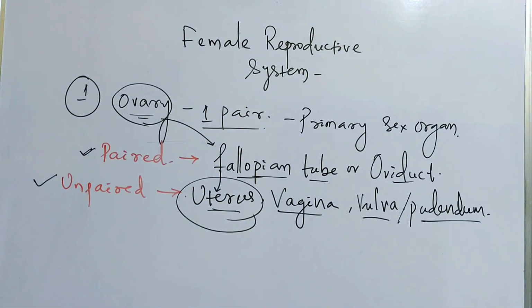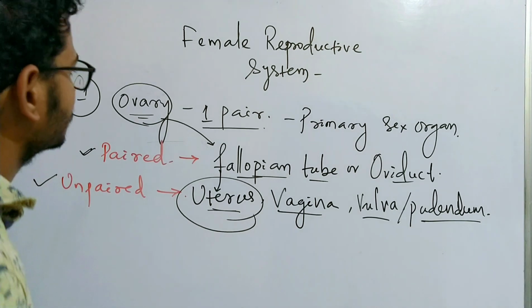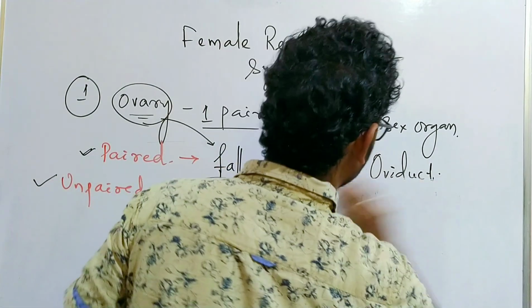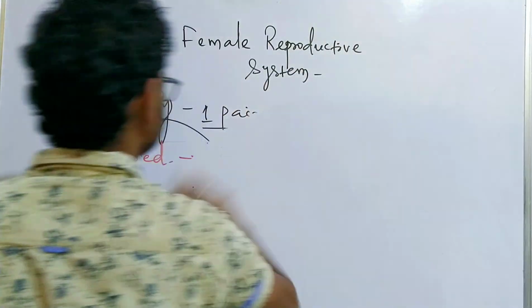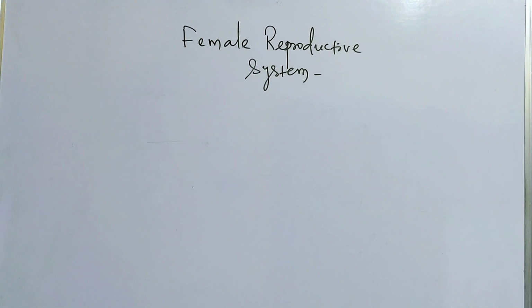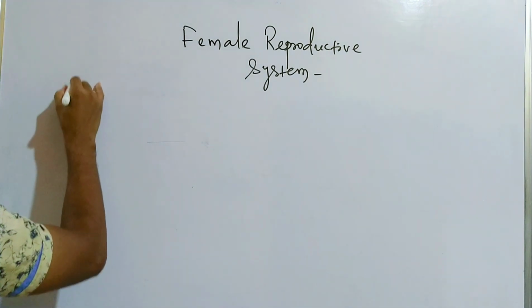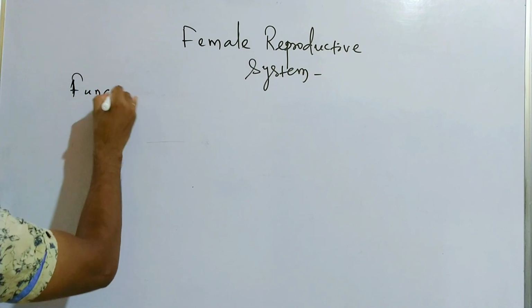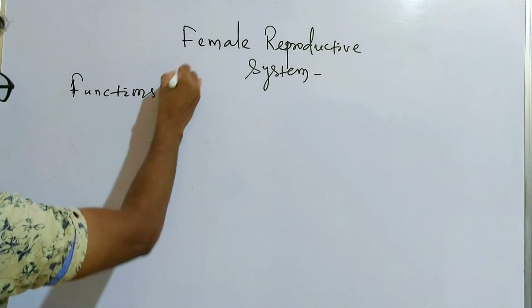Okay, so let's move on to the different functions. What are the different functions of the female reproductive system?